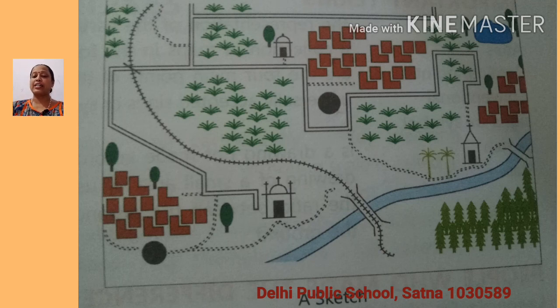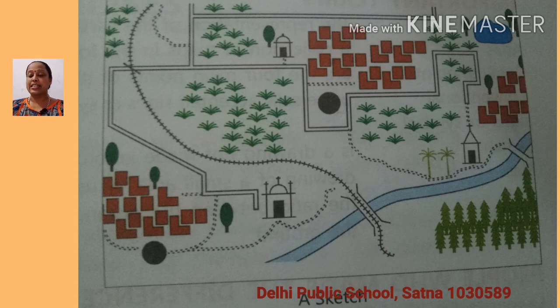We often find sketches drawn on wedding cards, made so it is easy for the guests to reach the venue. Nowadays on birthday or wedding cards, they show a map with the help of a sketch. There is no particular scale or ratio given, only a rough drawing so that you can easily find the way.